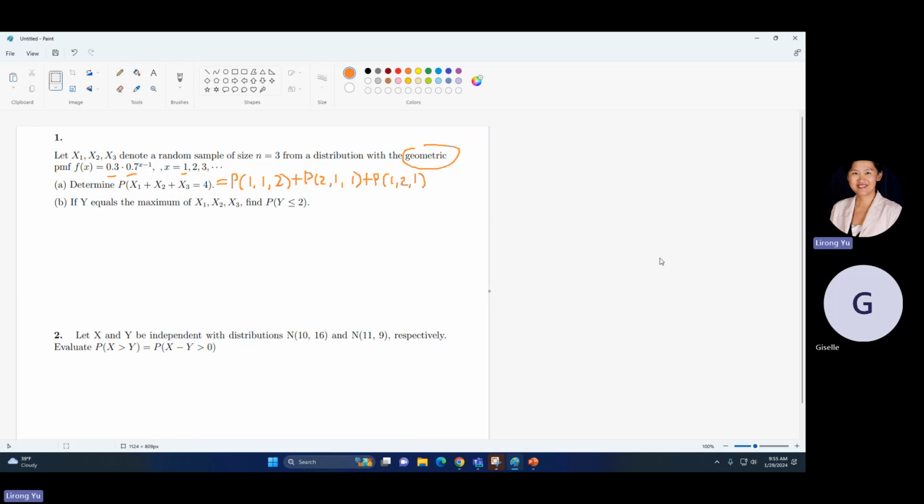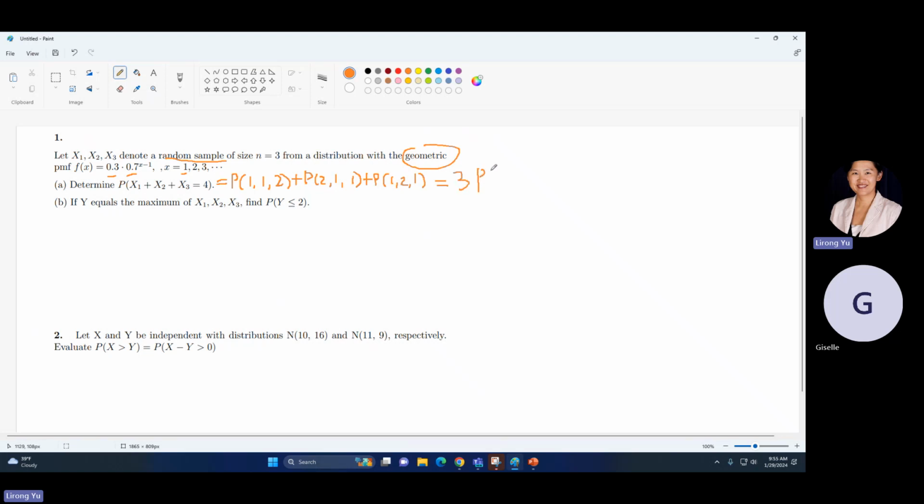So what you can do is calculate one of them, because x1, x2, x3 are a random sample of the same distribution. They're independent. So calculating the first one would be the same as calculating the second one. This is really 3 of the same calculation.